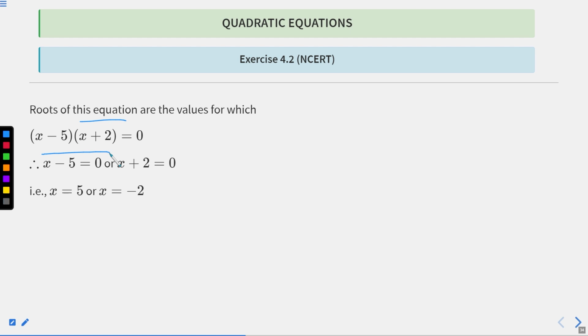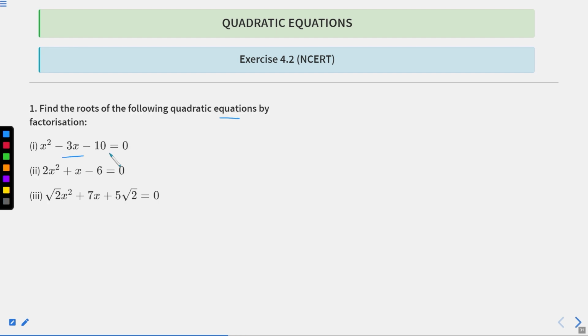The product of two linear factors is 0, so either x minus 5 is equal to 0, which implies x equal to 5, or x plus 2 is equal to 0, which implies x equal to minus 2. Therefore the roots of this quadratic equation are 5 and minus 2.